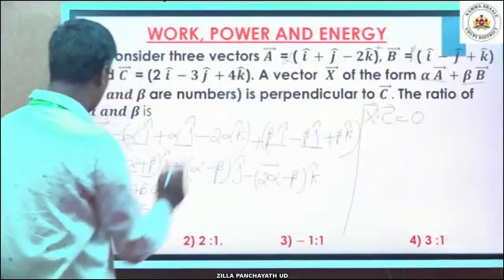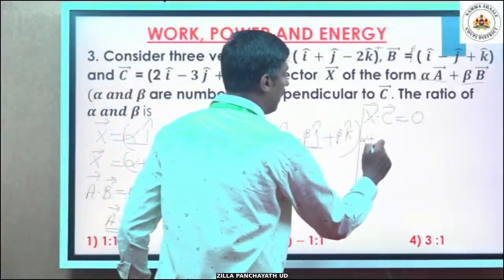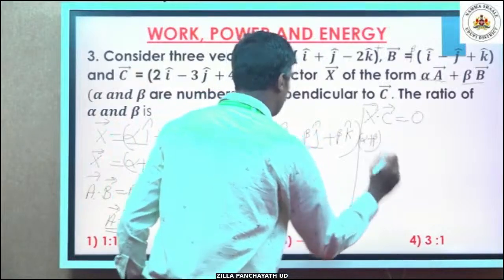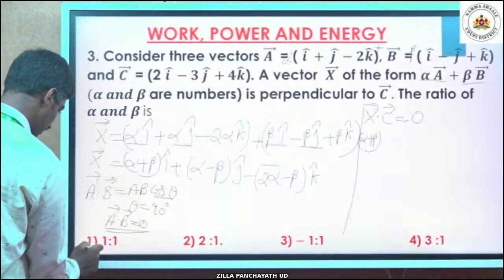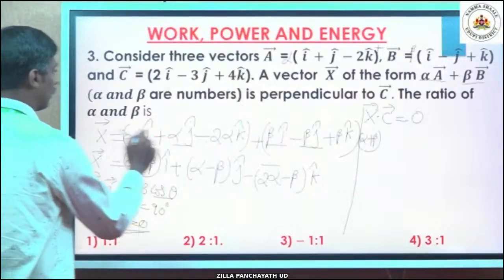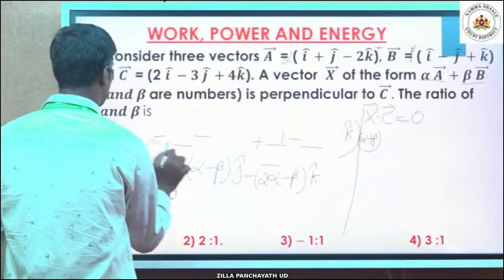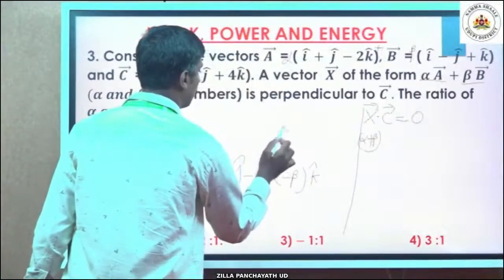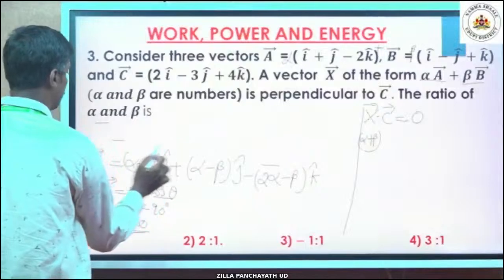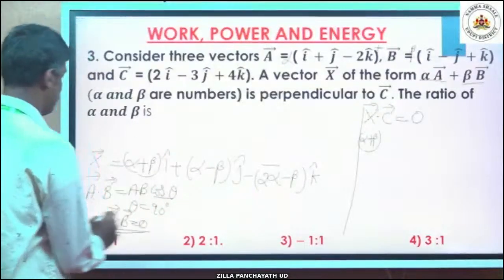So let's take the x vector, alpha plus beta. So x dot C is equal to 0.